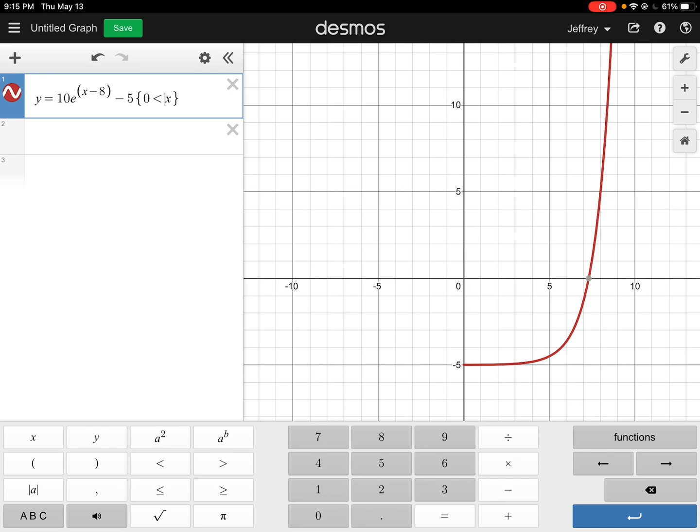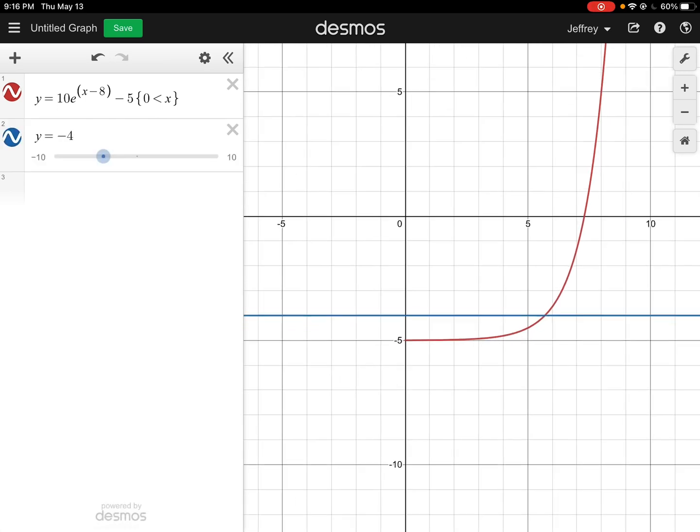Next thing that I'm going to do, because I want the bottom of my cup to be flat, I'm going to try and make a horizontal line. So let me do something like y is equal to -4. Okay.